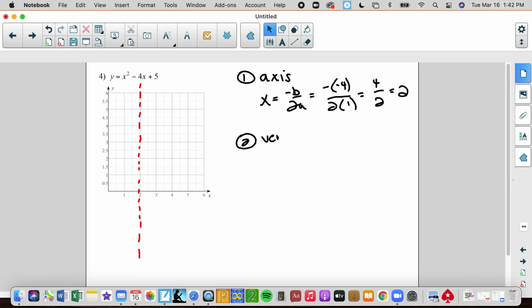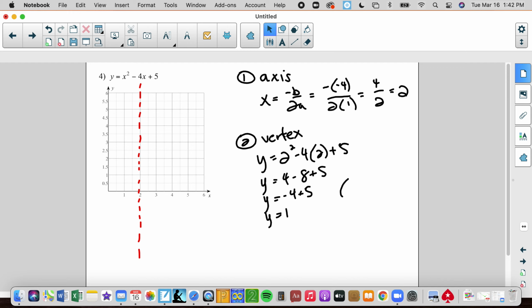Now let's find the vertex by plugging that into the equation. 2 squared minus 4 times 2 plus 5 gives me 4 minus 8 plus 5, which gives me -4 plus 5, which gives me 1. So when I plug in 2, I get 1. 2, 1 is going to be my vertex.